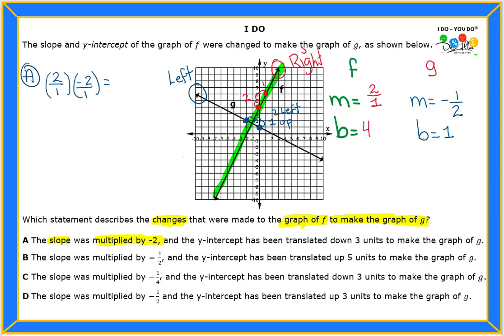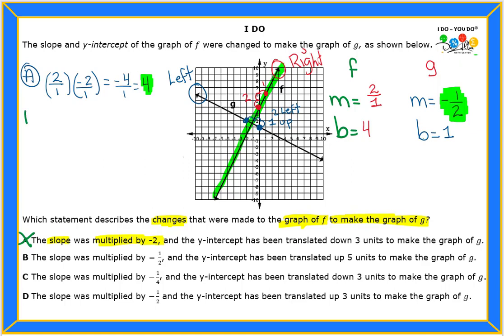If that is true, I will need to write down a 1 underneath the denominator, right? And that will give me -4 over 1. And that's my question. Do you see a -4 right here? No, it's actually -1/2. So letter A cannot be my answer. I'm not even going to check the translation of what happens to the y-intercept because the slope is wrong.